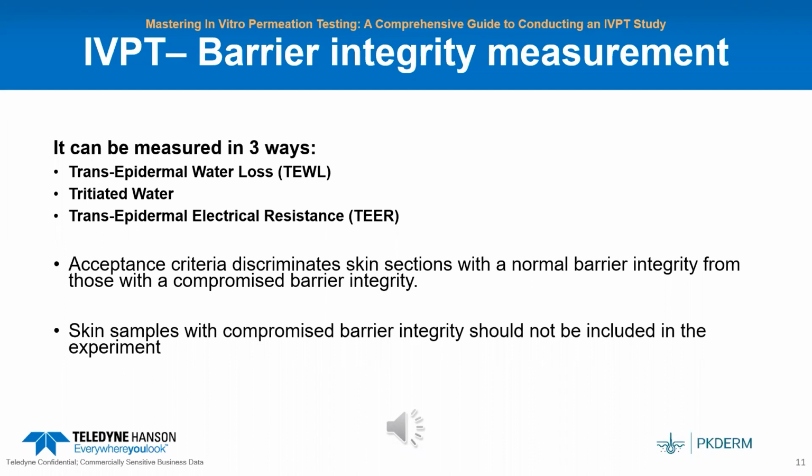Normally, the value of TWL should not exceed 15 grams per square meter per hour, and skin samples having higher values of TWL should not be included in the experiment.